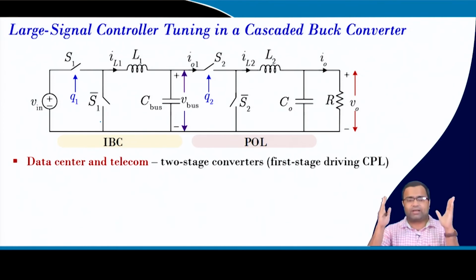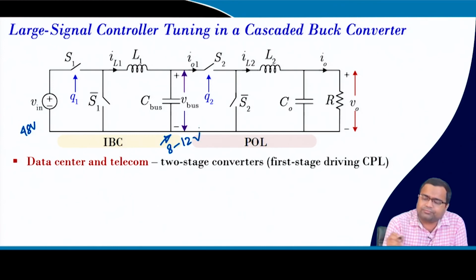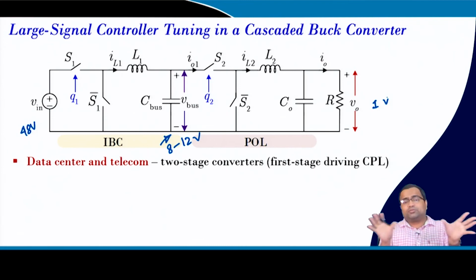and telecom applications, where suppose we are using a very high voltage like 48 volt. Here it is roughly nominal 48 volt, and this bus voltage is generally set to 8 to 12 volt, and the output is generally close to 1 volt. So, that means it is a two stage converter, 48 to 12 or 8, then 8 to 1.